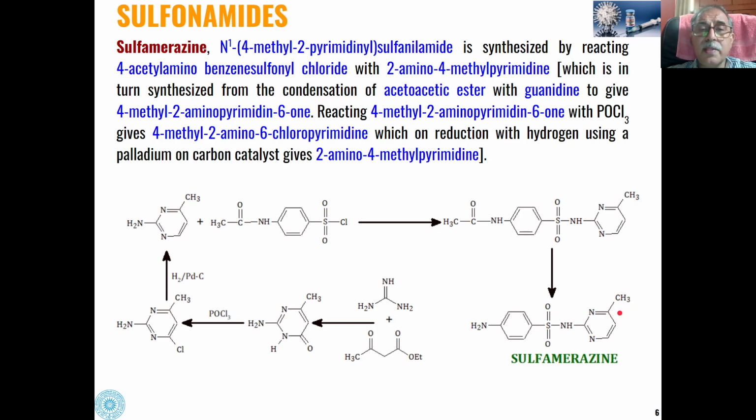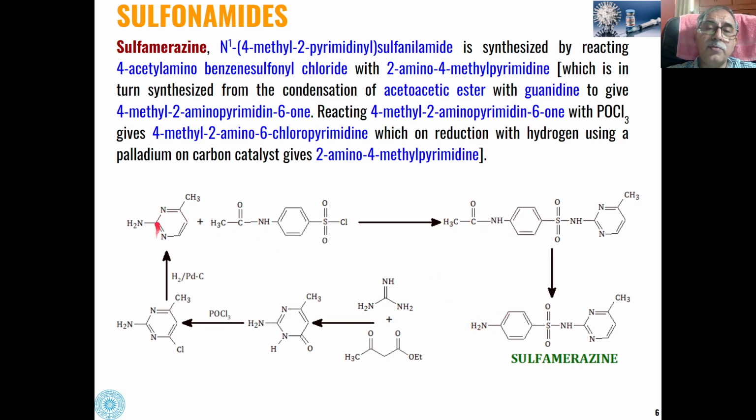So this is also a pyrimidine derivative, basically 4-amino sulfonamide, when reacted with 2-amino-4-methyl pyrimidine, which when reacted with the 4-acetyl-aminobenzene sulfonyl chloride, as we have done in the previous case, you will get the substitution product in the same way. H from here, Cl from here, and a sulfur nitrogen bond will be formed, sulfonamide is formed, and then reductive hydrolysis of this will lead to the formation of this.